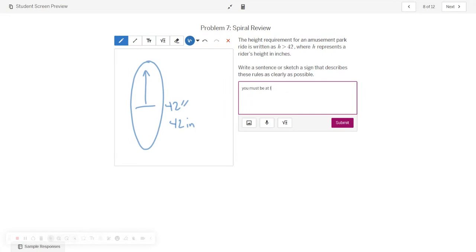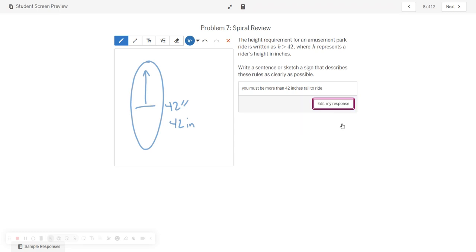Well, no, sorry, not at least. You must be more than 42 inches tall to ride. At least means that you could be 42 and up, but this one says you have to be greater than 42.